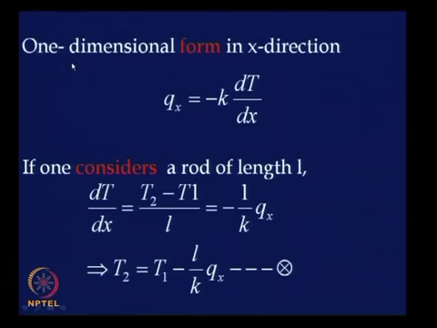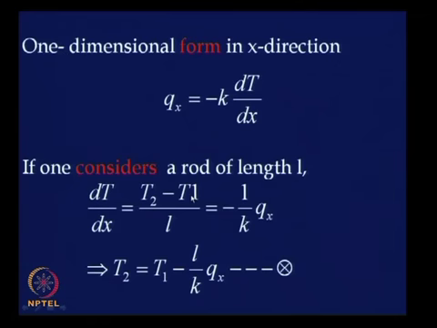Now, the one dimensional form. For example, in the x direction we consider q_x equals minus k dT/dx. So, for example, if we consider a rod of length L, then the gradient can be represented like this, (T2 minus T1)/L equals minus (1/k) q_x.